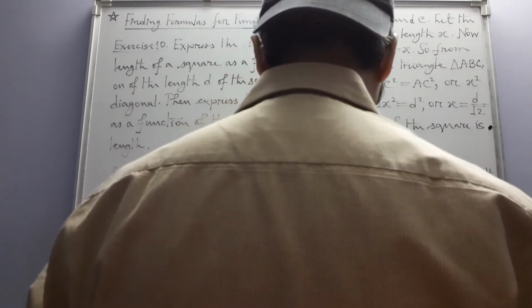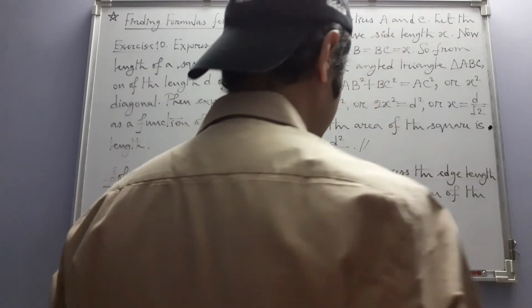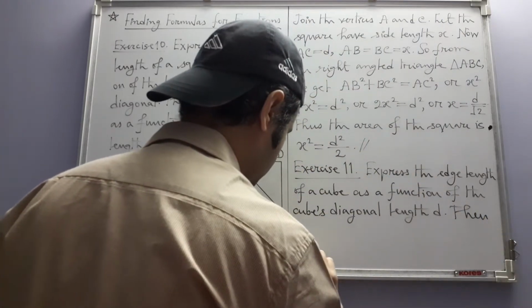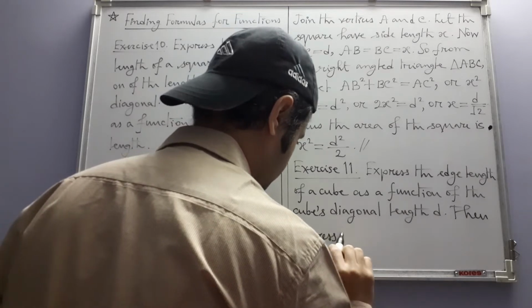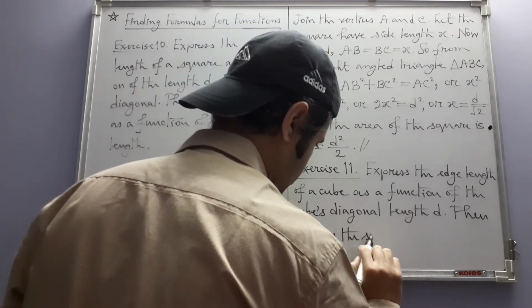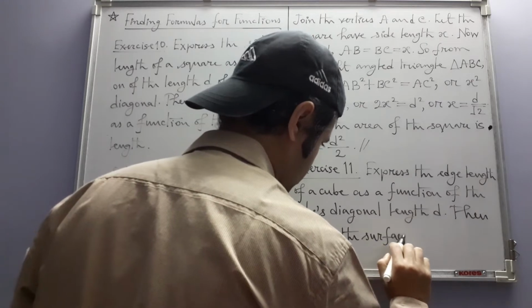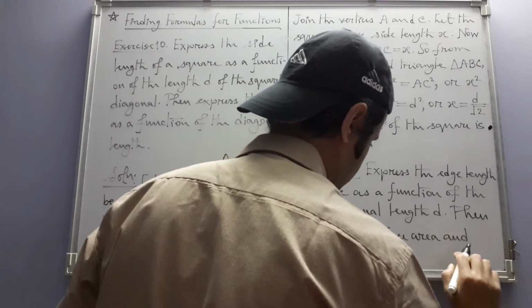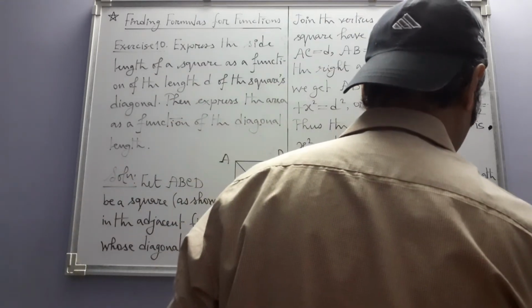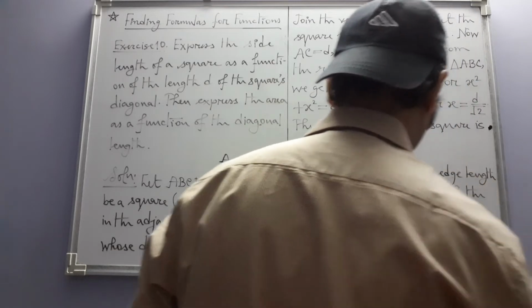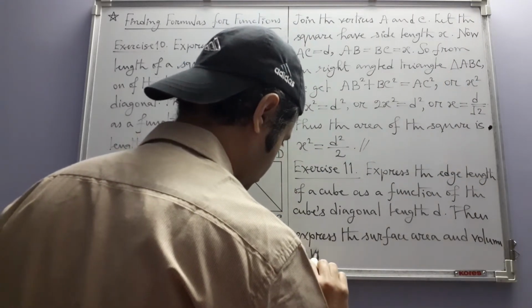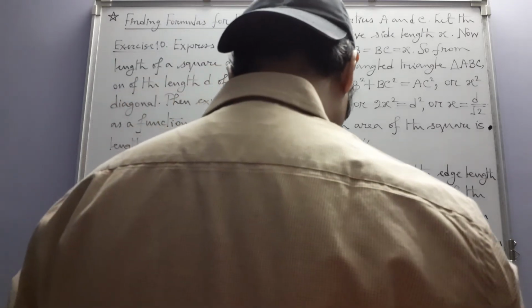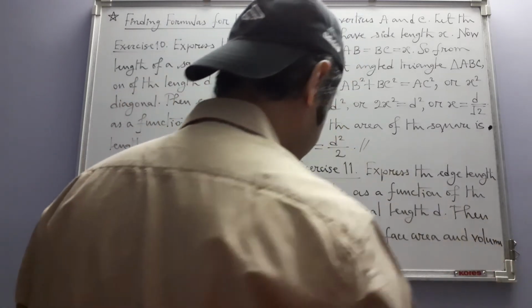Then express the surface area and volume of the cube as functions of the diagonal length.